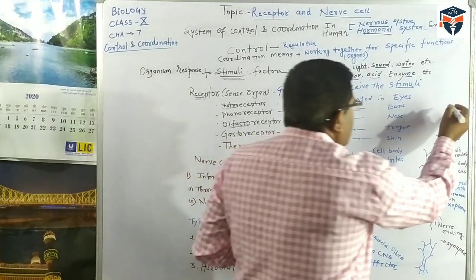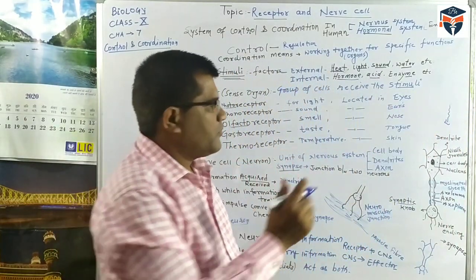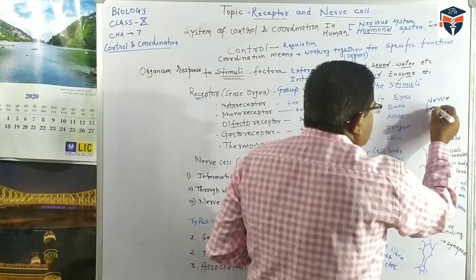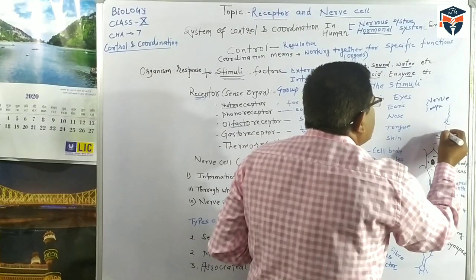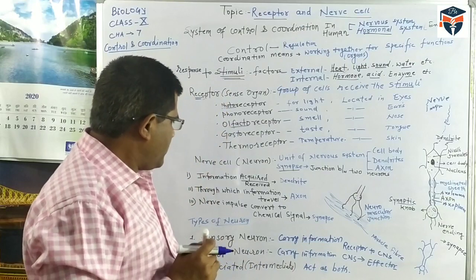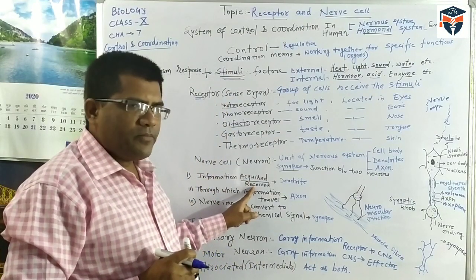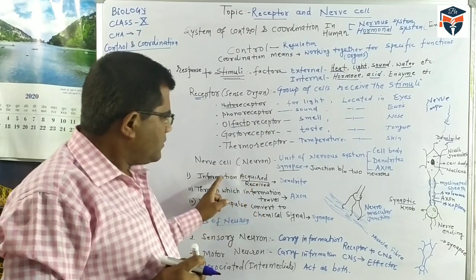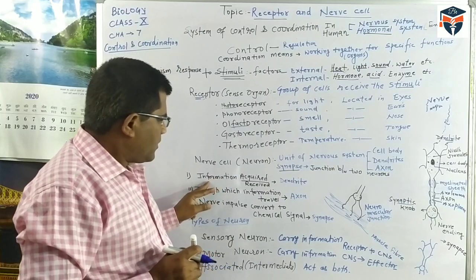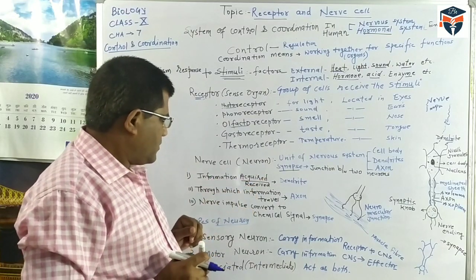Any information that comes from outside, this type of nerve impulse, is received by the dendrite. So what is the function of the dendrite? Whatever information comes in the nerve is received by the dendrite, so its main function is receiving the information.